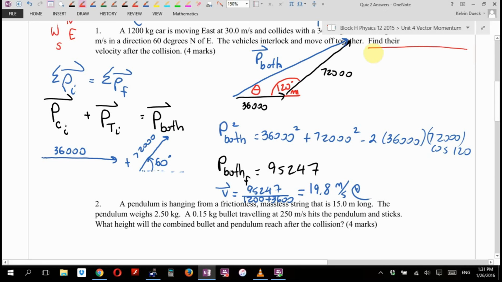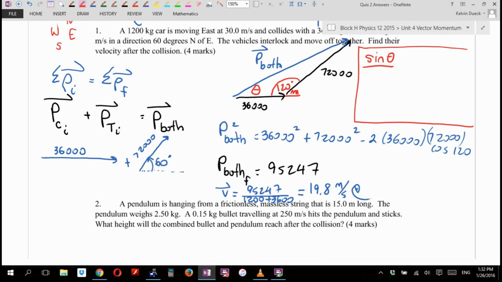I think if I write fairly legibly, I can fit it all right there. Because I think it's going to be the sine of theta over 36,000 or over 72,000? Over 72,000 equals the sine of 120 over P both.